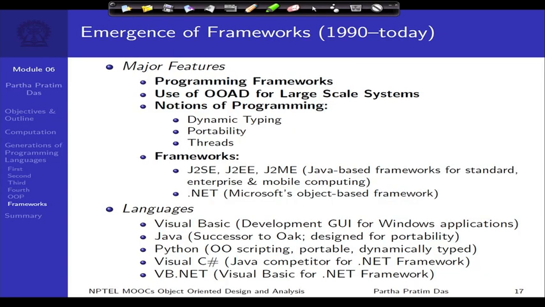That is, earlier without a framework, you have a programming language, you write a program and then you compile it with a compiler, you use a linker to link different sub modules of your program, and you get a single executable which will work on the system. With frameworks, things become somewhat different.